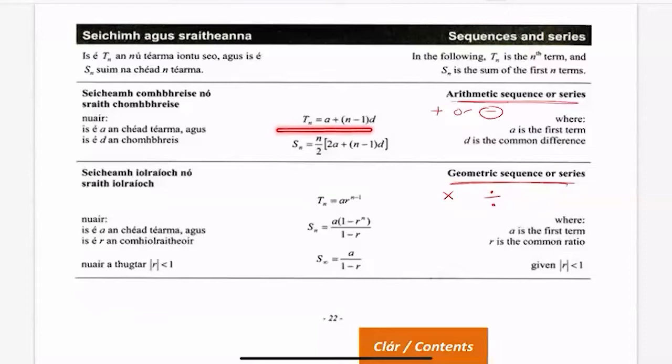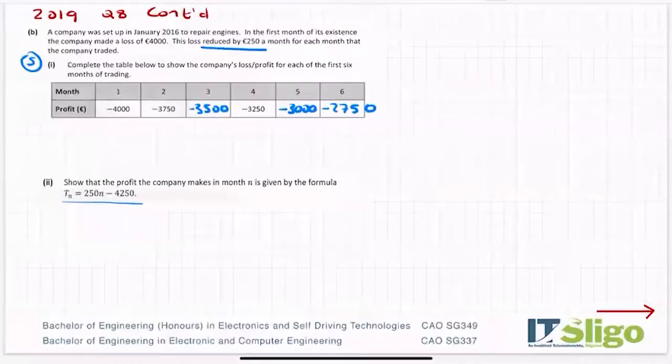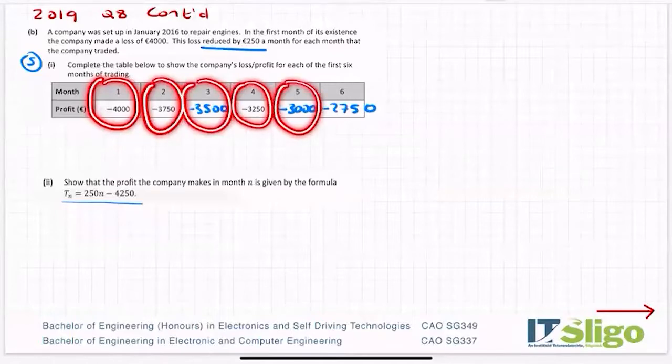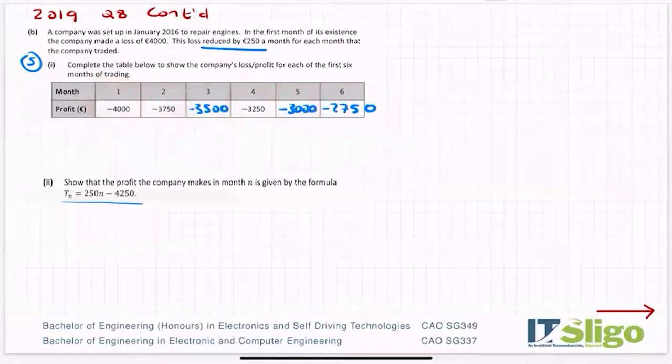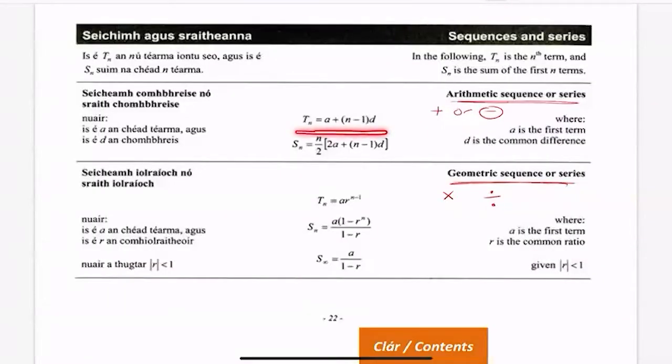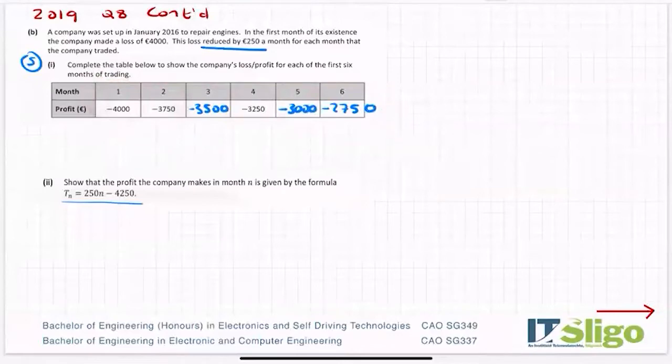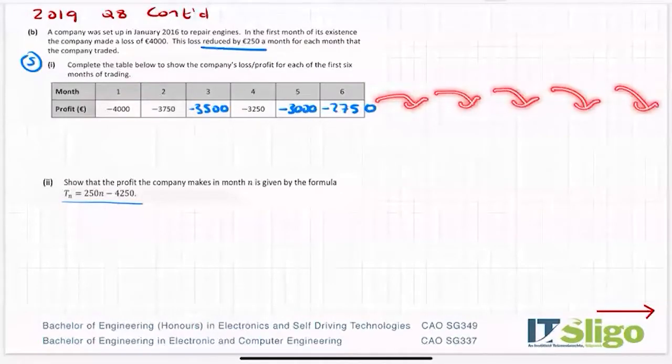You have what's called a Tn formula, and Tn gives you a formula for the nth term. So when I talk about terms, that's term 1 in my sequence, term 2, term 3, term 4, term 5, term 6. If I asked you in this question what was T100, or what was the 100th term, it would be a right pain to subtract 250 each time until you got to the 100th term.